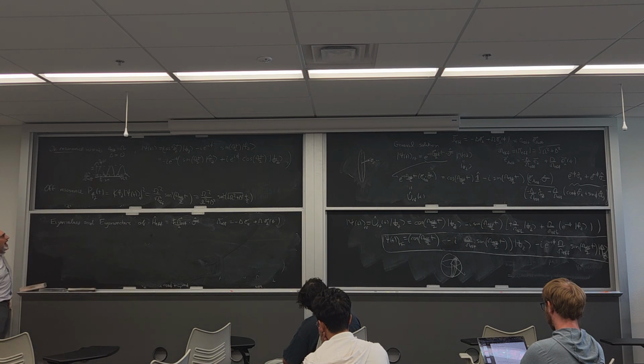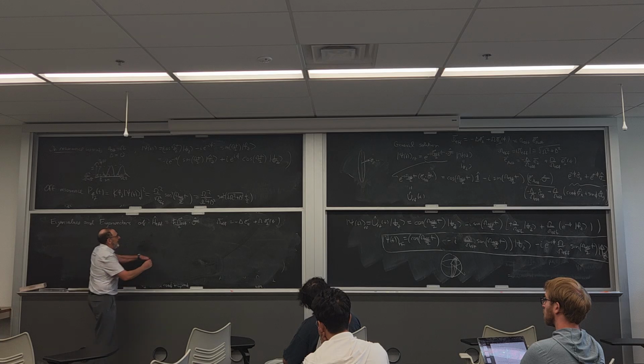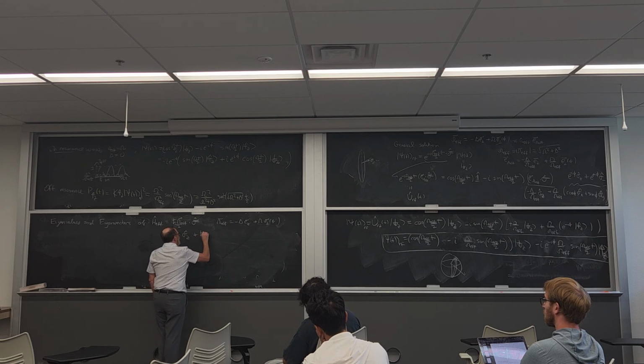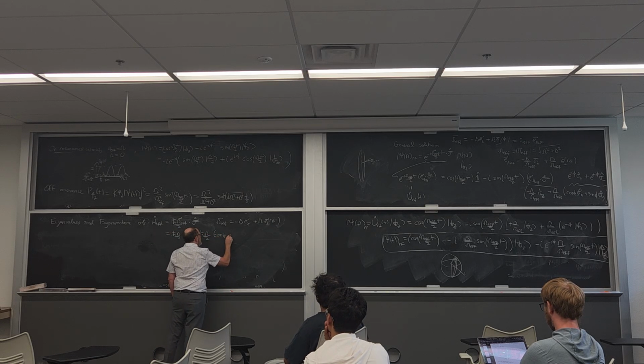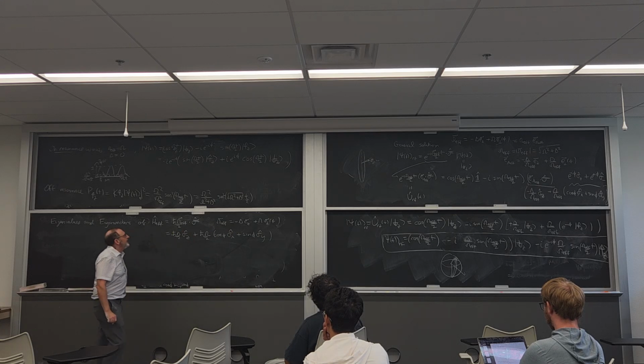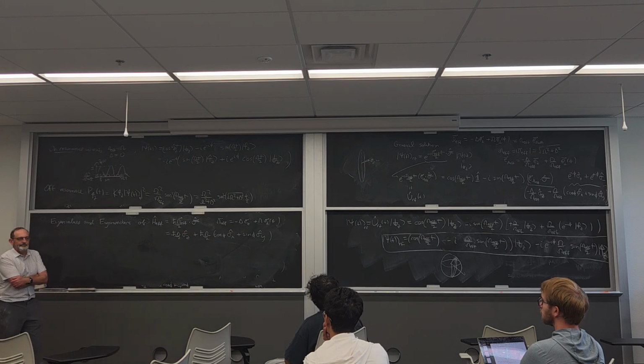Okay, so again, I can rewrite it. It's minus delta over 2 sigma z plus this cos phi sigma x plus sine phi sigma y. This is the Hamiltonian.